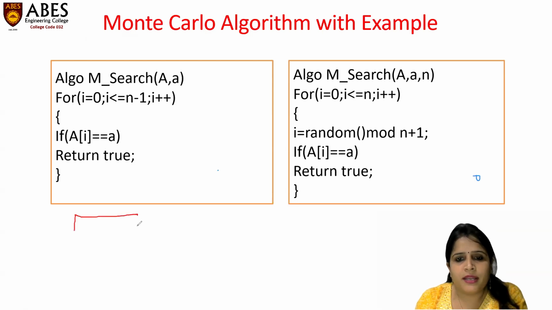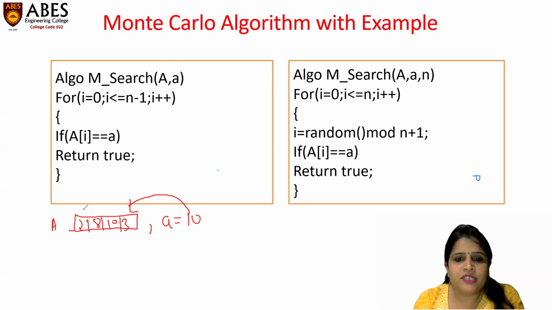Suppose we are given an array A whose elements are 2, 8, 10, 3, and we have to find a key value whose value is 10. We just check whether this 10 is available in this list or not. In case of linear search, we'll start our loop with index value 0 till n minus 1. It means 0 to 3.